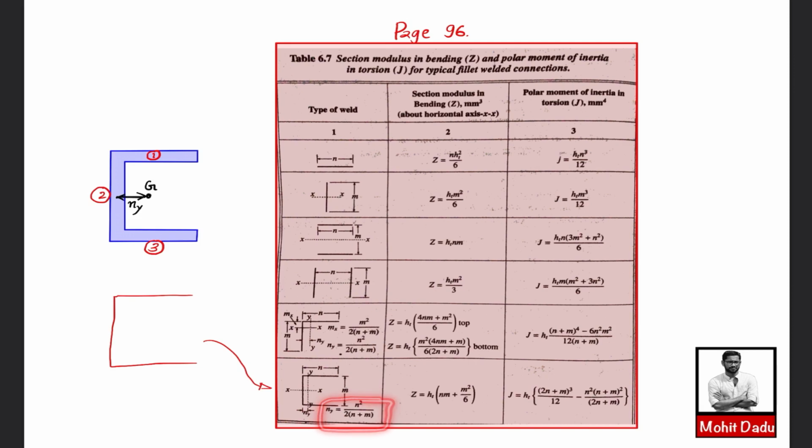Here ny is actually given as n square divided by 2 into some bracket, 2 into n plus m, but the actual value, so you are knowing the correction, ny should be equal to n square divided by 2n plus m. So this is the correction. There is some mistake in this value of ny that you have to understand. There is no bracket, it is 2n plus m.